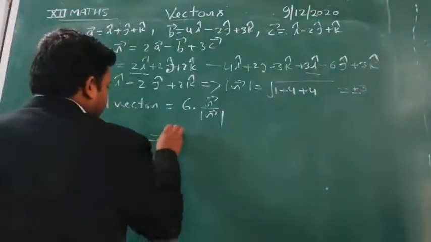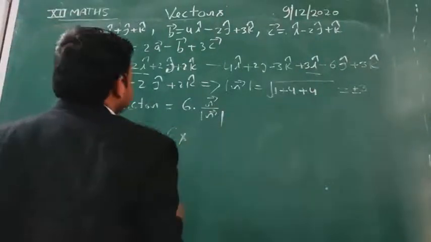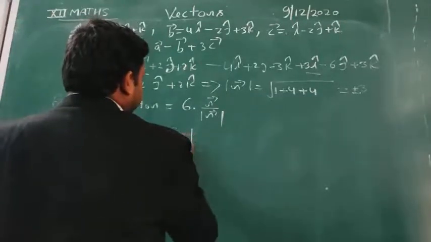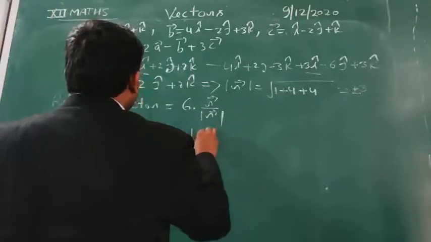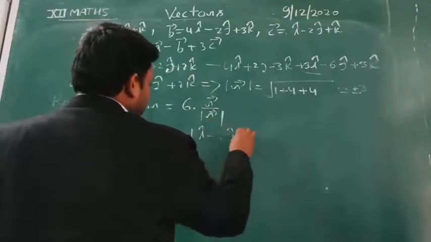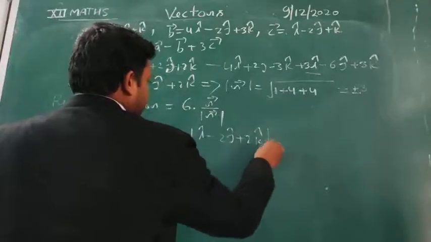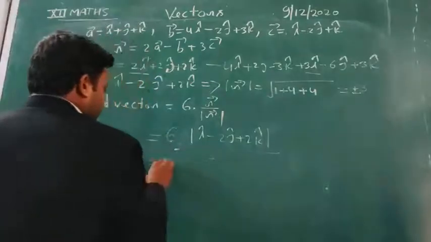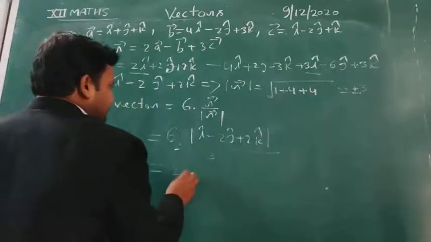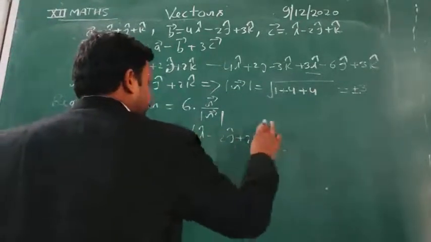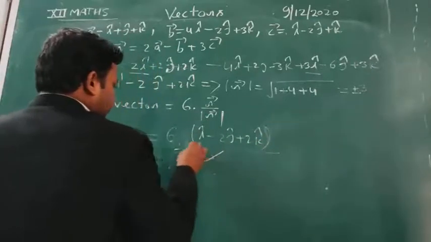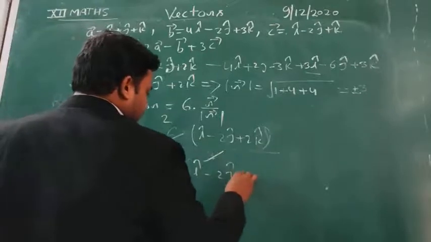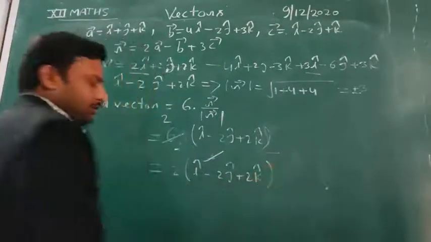So our vector is 6 into r. Vector r is i minus 2j plus 2k, and divided by magnitude of r, which is 3, so it will be 2 times (i minus 2j plus 2k).